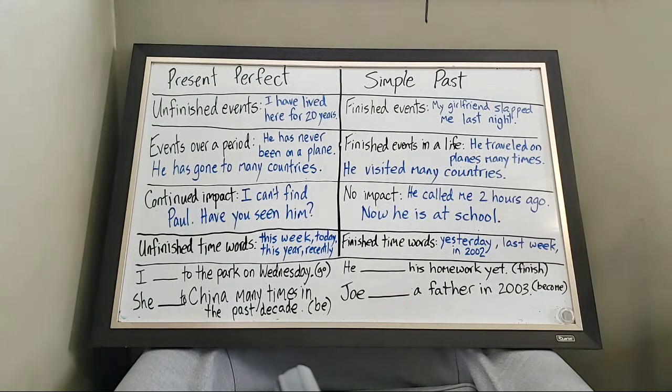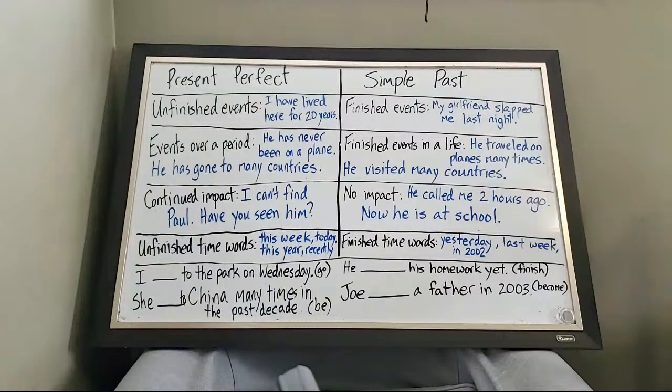Now let's go into the second part. Over in the present perfect again, we've got events over a period of time. So our examples are, he has never been on a plane. He has gone to many countries. Okay? So those are over a period, imagine somebody's life. Maybe you know somebody who has never been on a plane.